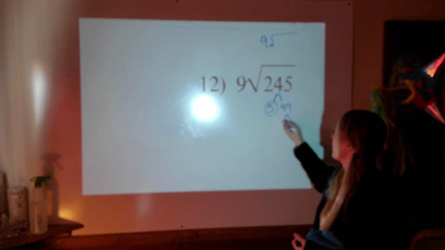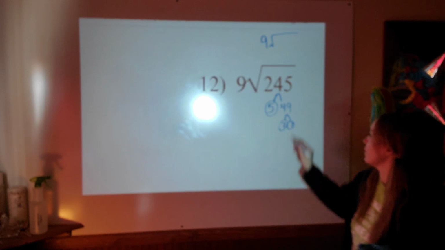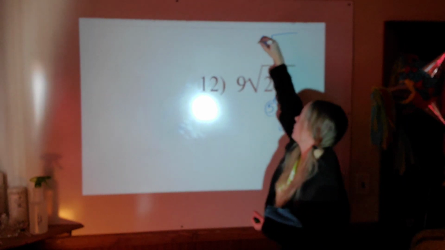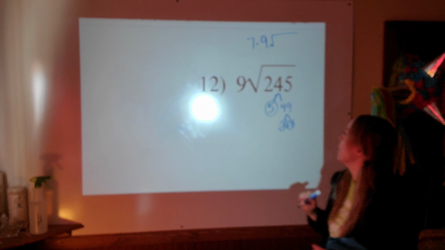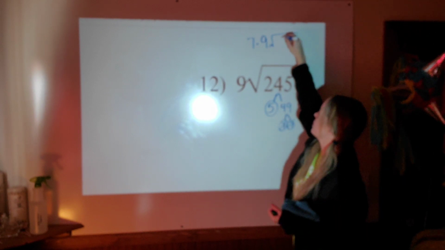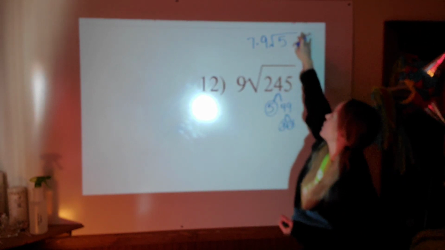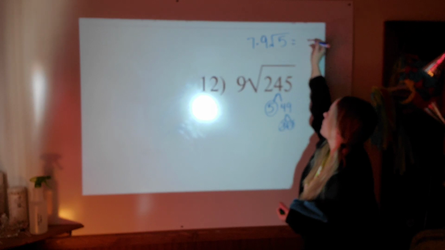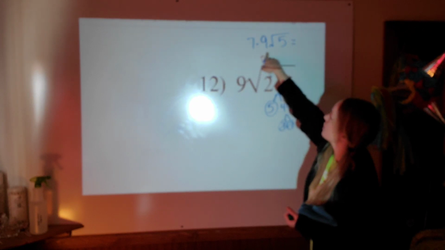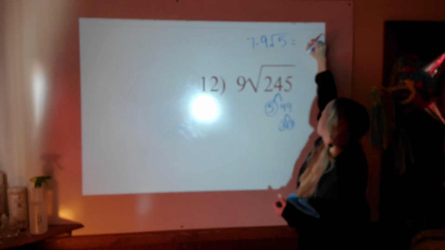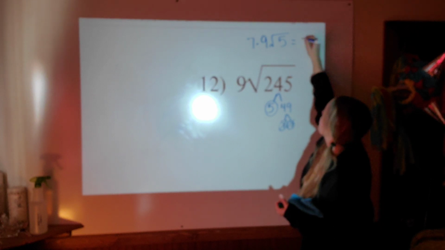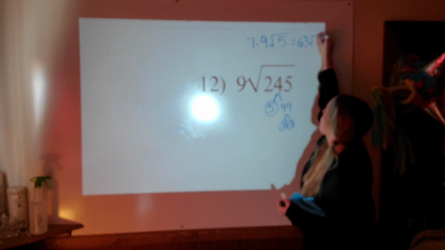And then 49 is 7 times 7. So I have a pair of 7s that's going to come out in front, and then I'm left with a 5 inside. So the answer to this one would then be 7 times 9, which is 63, square root of 5.